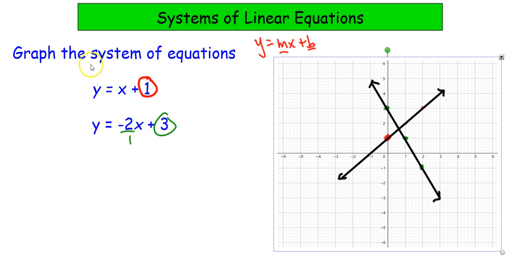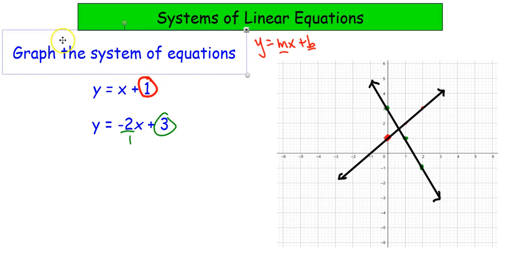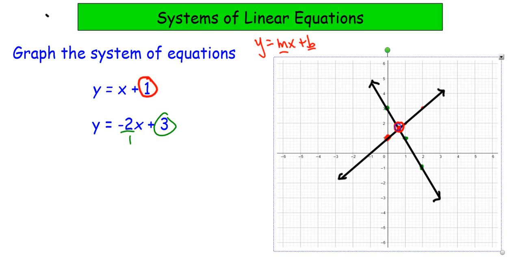So again, a system of equations is really just two equations, and these happen to be linear, these happen to be lines. So it's just two lines. When we look at this graph, the thing we're really interested in is this point right here, this point of intersection.